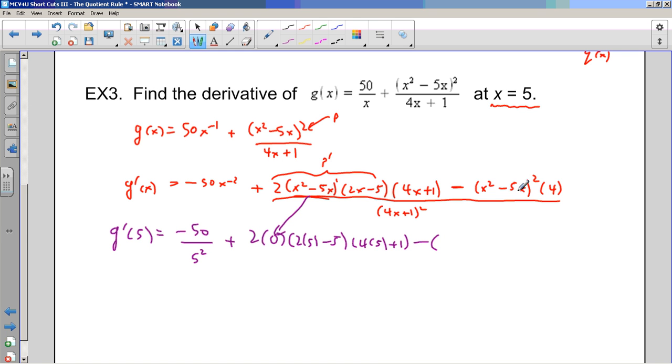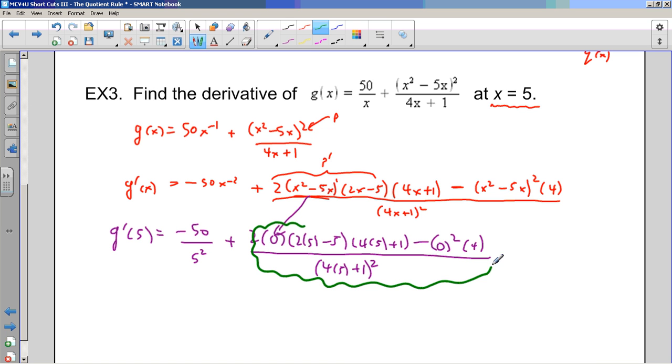Minus, this is going to be 0 as well, right? That's going to be 0. And then who cares about the bottom? I don't really care about the bottom because what's going to happen? 0 minus 0, this is all 0. And so what do I have?